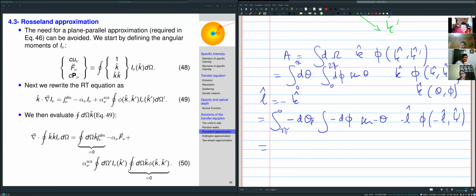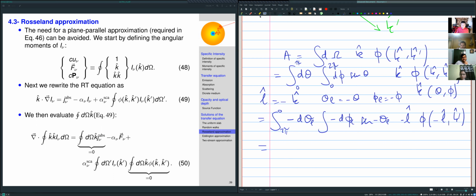I'm just putting a nail here just to distinguish from the previous theta. So this means that theta L is minus theta, and that phi L is minus phi. And this one, no, this isn't 2 pi, this is only pi.